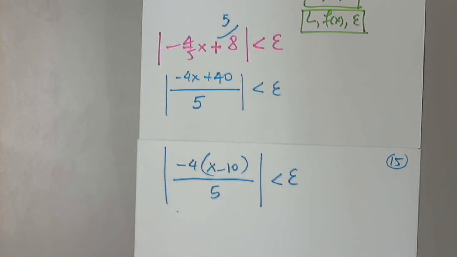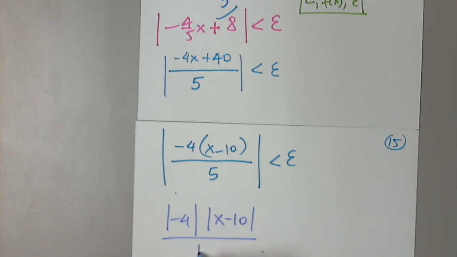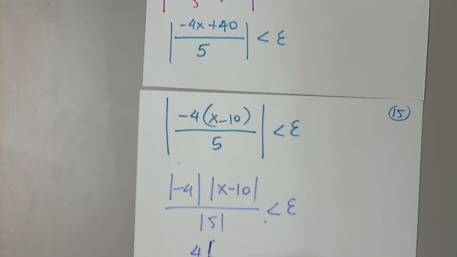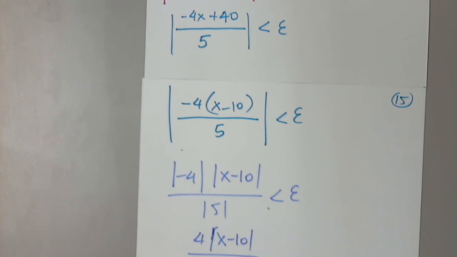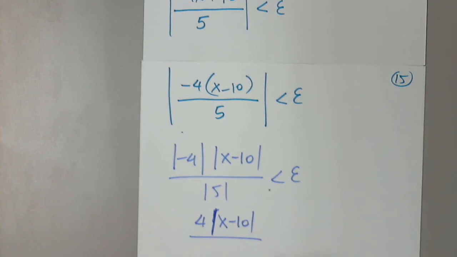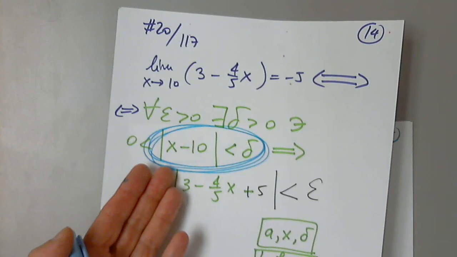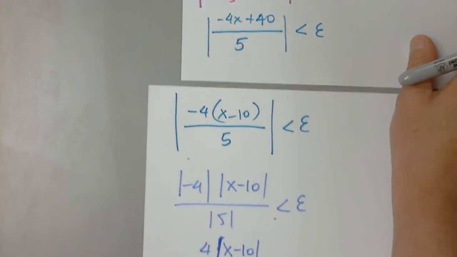Now we have to use two properties of the absolute value. The absolute value of negative 4, the absolute value of x minus 10, over the absolute value of 5, less than epsilon. But we know that the absolute value of negative 4 is, good. And the absolute value of 5 is, of course, I need to solve for the absolute value of x minus 10. Please tell me what to write.